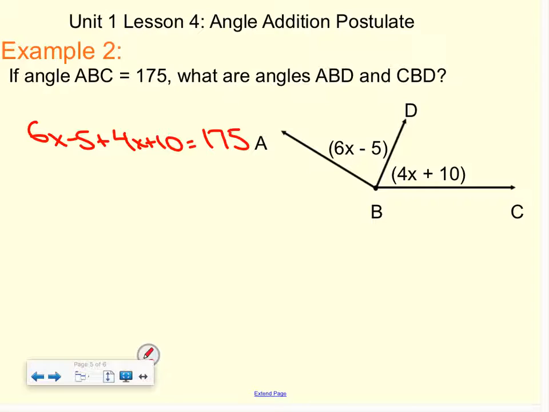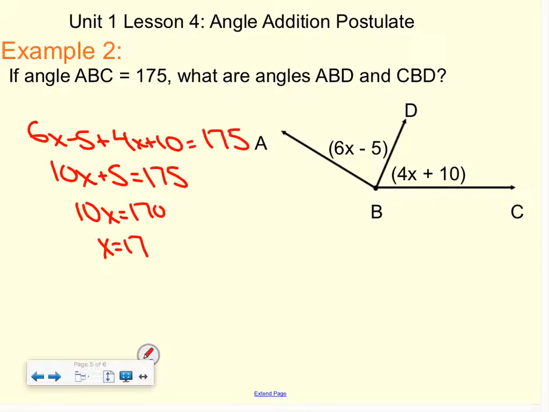So I'll set those equal to 175. Now I have something just like I did the other day. We're going to combine like terms. We've got 10x. Combine negative 5 and 10, that'll make positive 5, equals 175. Subtract the 5 from both sides, and you get 10x equals 170, and x equals 17.